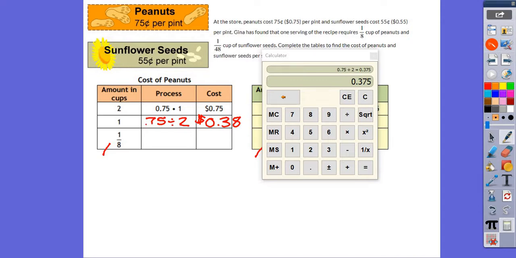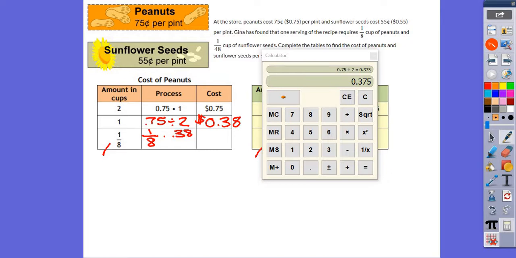So I'm going to take 1/8 and multiply it times 38 cents. Well, we talked yesterday, you don't want to round stuff until the very end because it messes with your data. So the best method right now is that I like to pretend sometimes my decimals are whole numbers. How would I multiply a fraction times a whole number?